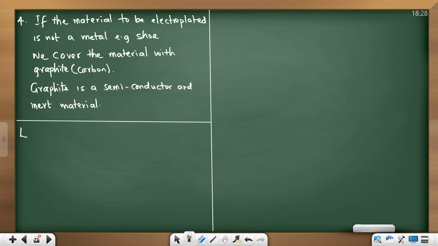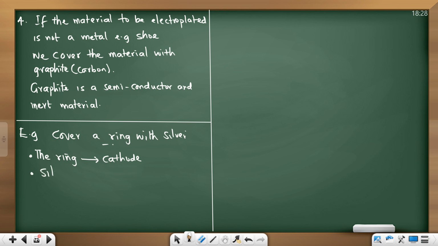Okay, so example, just one example. Let's cover a ring with silver. What do we need? We need the ring itself, and the ring becomes the cathode. We need a silver anode. And number 3, we need a silver electrolyte.